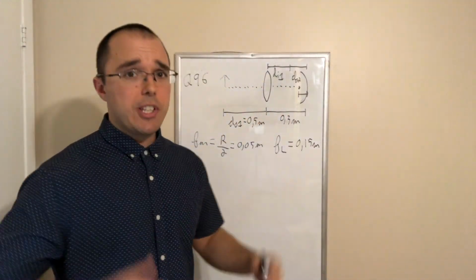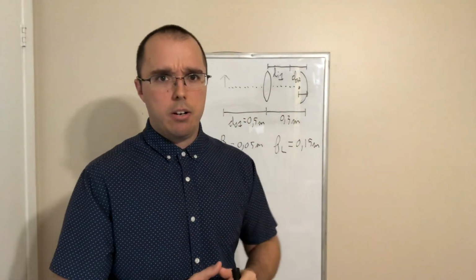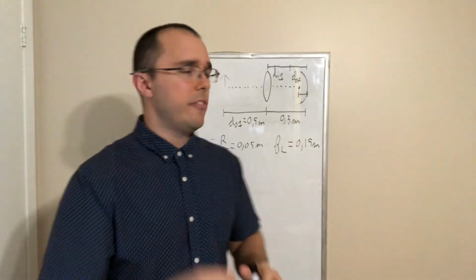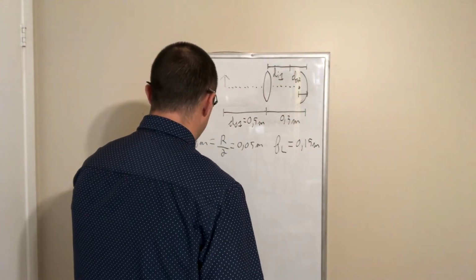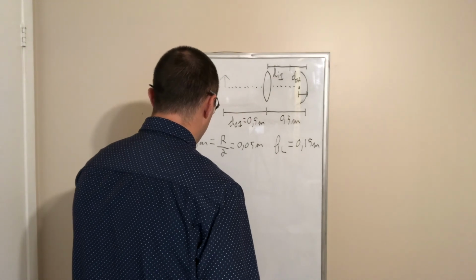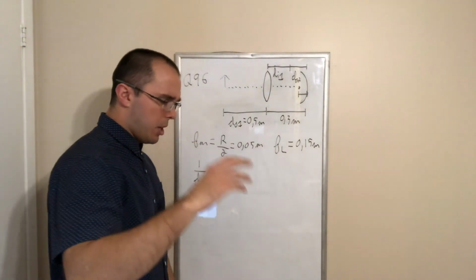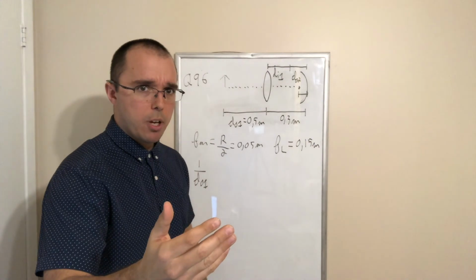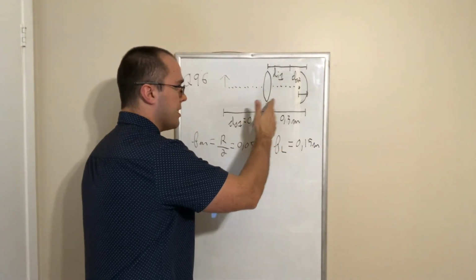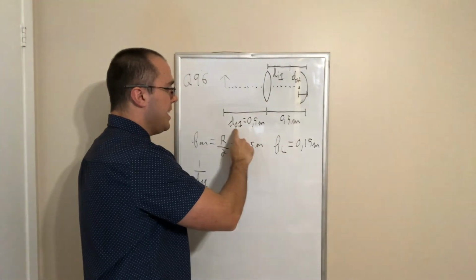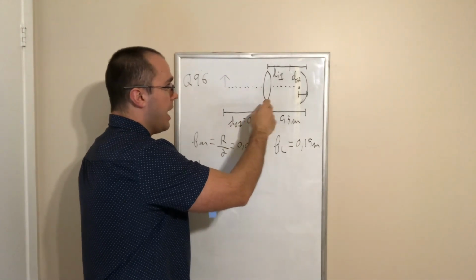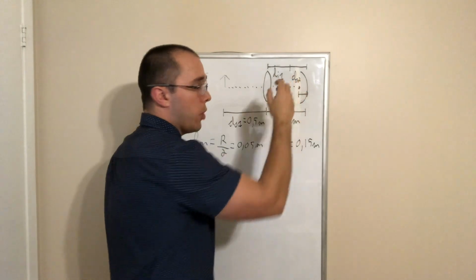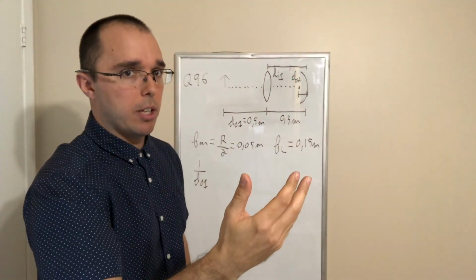All right, so the first step, once we have all our data here, is to find the distance of the image. This distance over here. And again, we use the distance formula. By the way, I'm going to use a different subscript for the first optical device and the second one. I'm going to use DO1 to represent the object of the first optical device, and DO2 for the object of the second optical device.